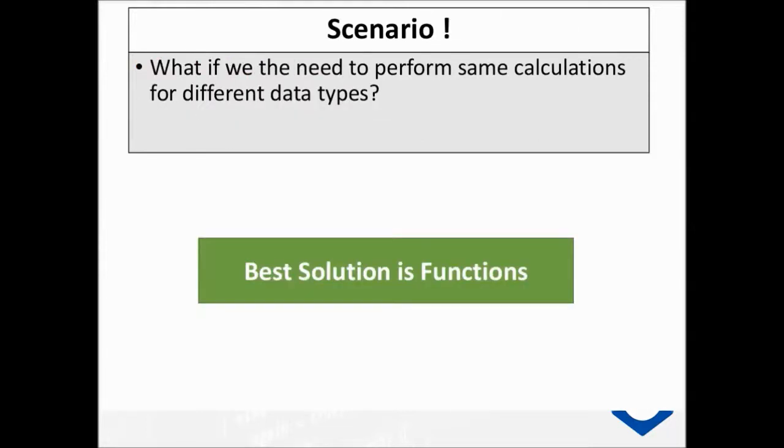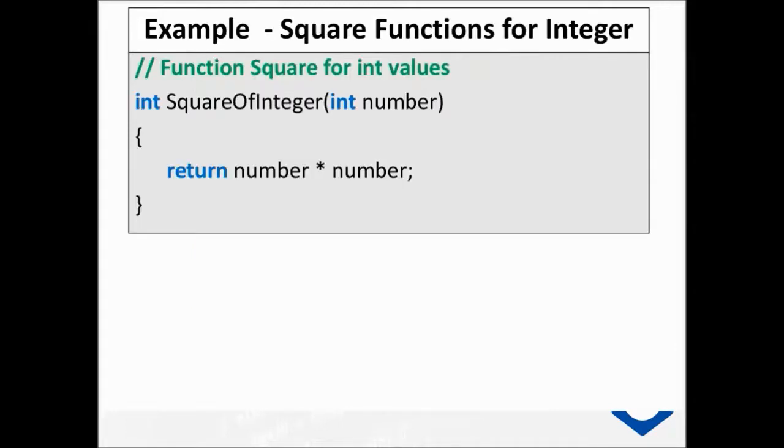So let's have a scenario. What if we need to perform the same calculation on different data types? The best solution is to use functions. For example, we write a function to calculate the square of an integer.